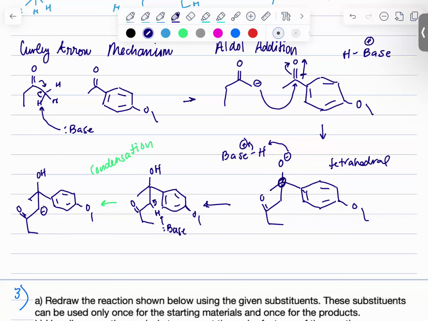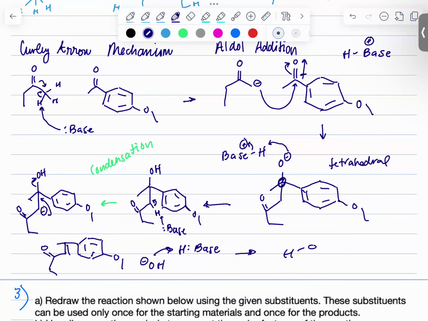So now we can kick off water, or OH minus, to form our double bond. And to keep our base catalytic, we have to also take the proton off of there.